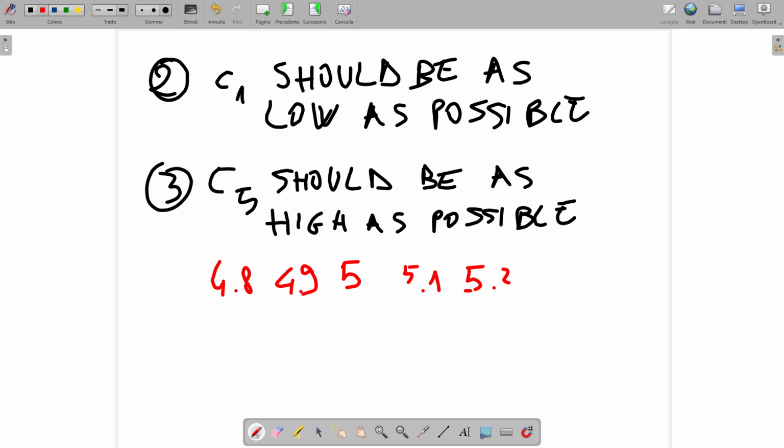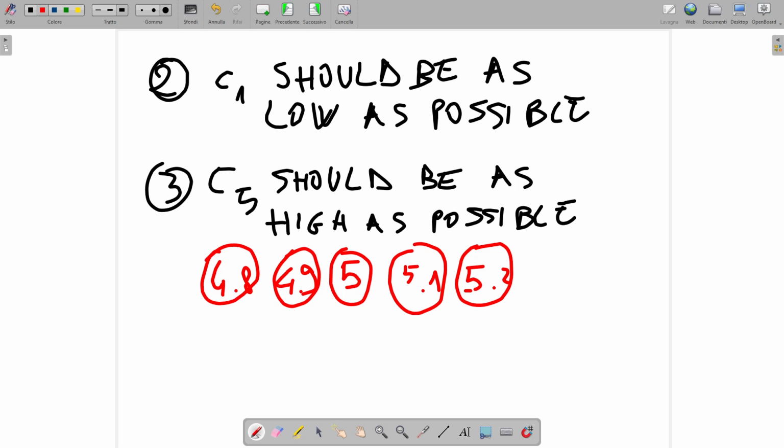And the other choice, so these are the 5 choices for C1, C5, okay? And another one could be 1, 5, and then I put here 3, and then 7, 10.